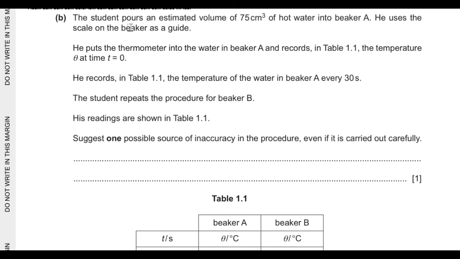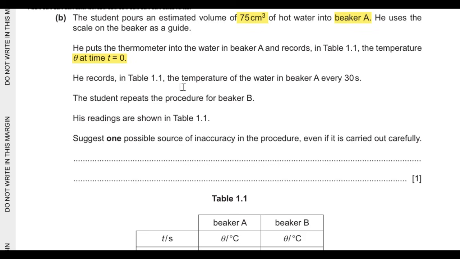The B part of the question says the student pours an estimated volume of 75 cm³ of hot water into beaker A. He uses the scale on the beaker as a guide. He puts the thermometer into the water in beaker A and records in table 1.1 the temperature theta at time t equals 0.